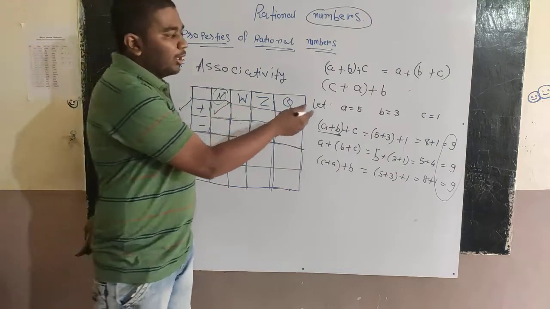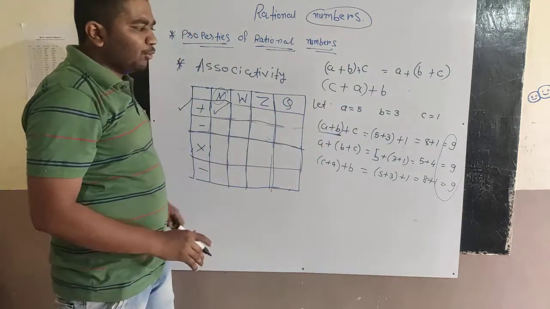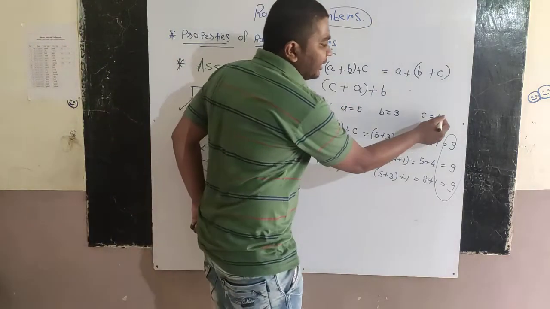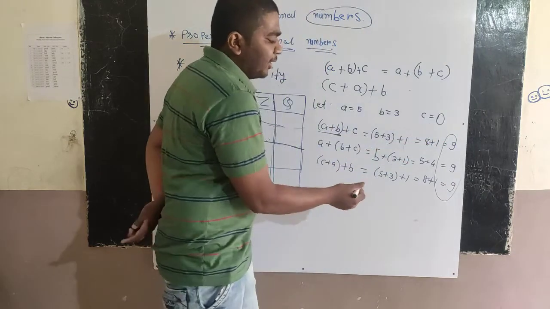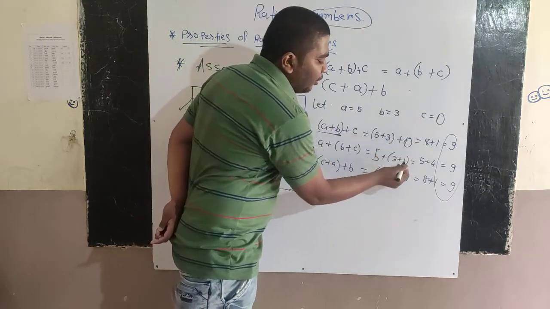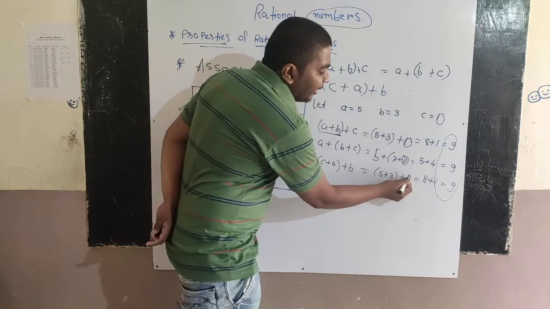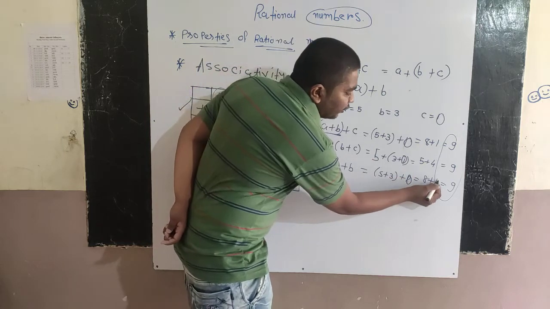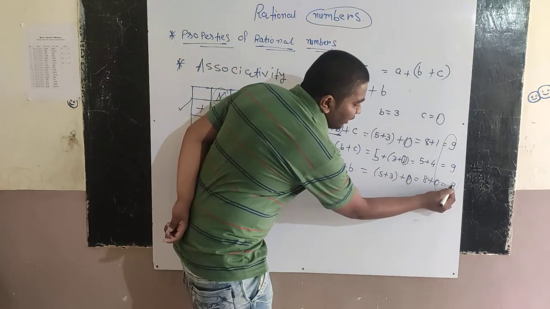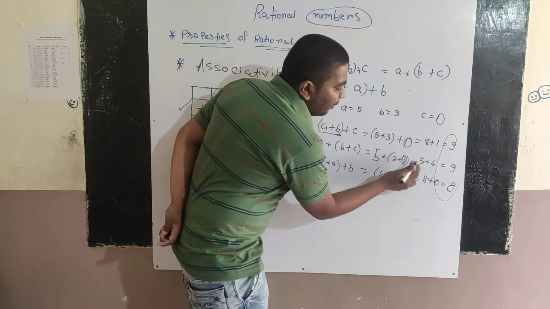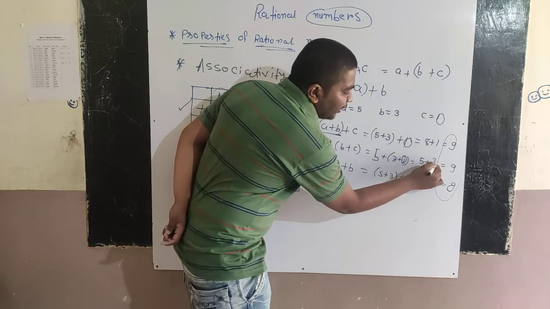If we are taking whole numbers, wherever you want to change, you can change. Say C, I am taking 0. So here it would be 0, here it would be 0, and here it would be 0. The rest of the things will be as they are. So here it would be 8, and 3 plus 0 would be 3.